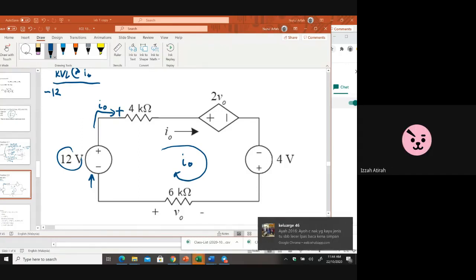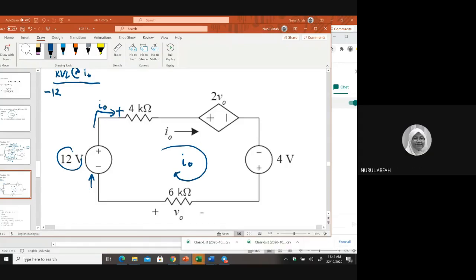But what is the voltage drop across this 4K? 12. How do you know? It's supposed to be like this. This is the voltage drop of that 4K. So what is that equation? You know that V is equal to IR, right?